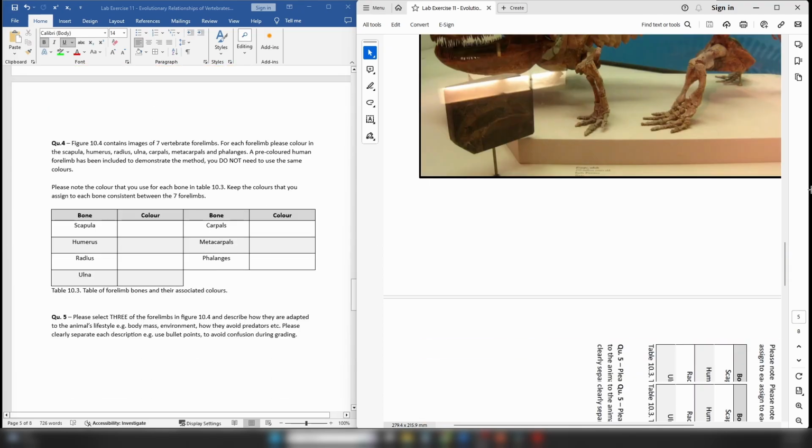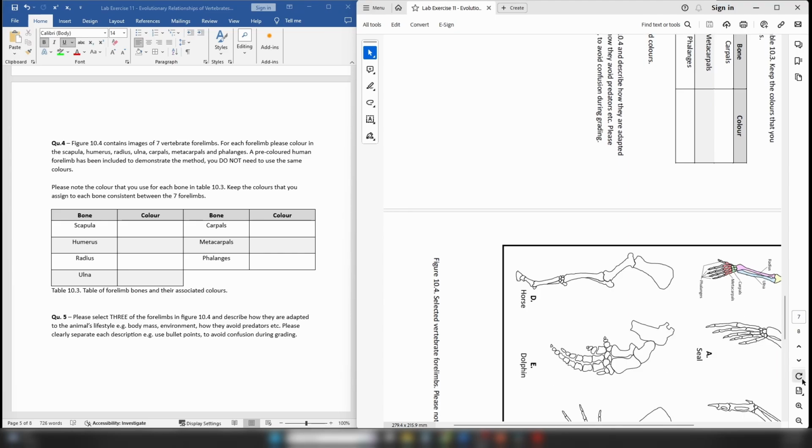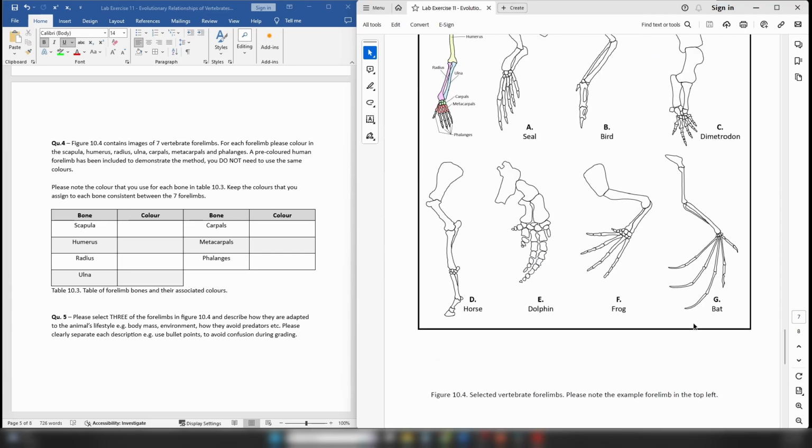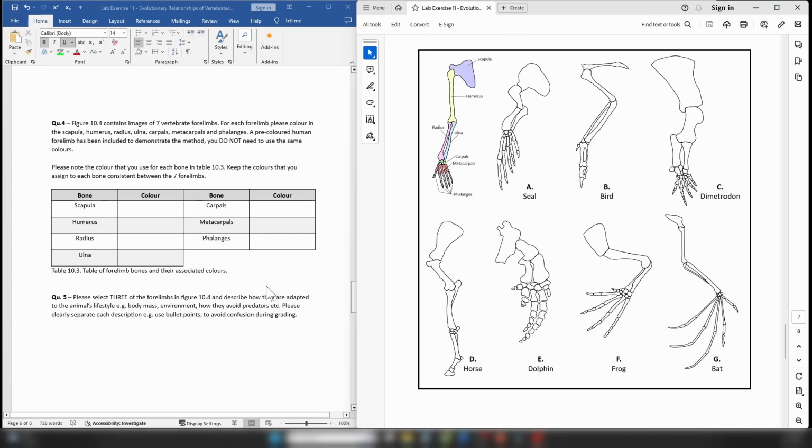Okay, so let's move down to the correct diagram. Okay, so for question 4, we are going to be looking at this figure, which contains 8 vertebrate forelimbs. You will notice that one of these forelimbs has already been colored in and labeled for you.